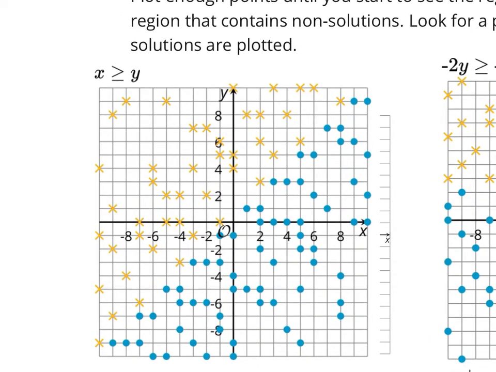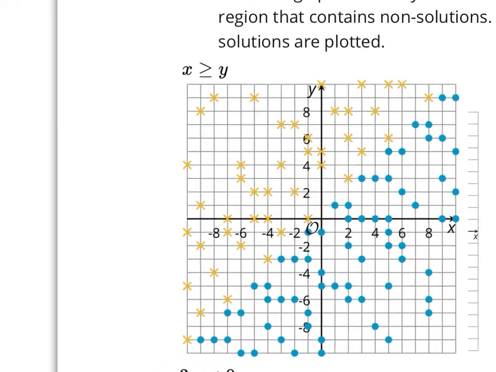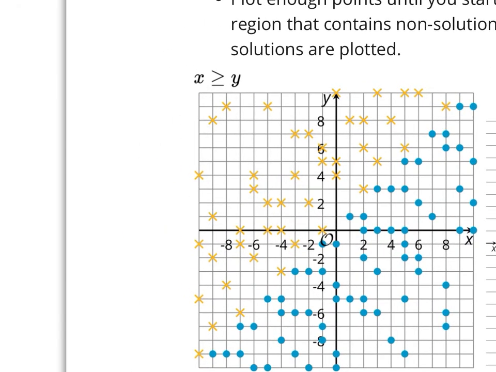So if we were to write this as an equation, x equals y, we would say that the solutions are all the coordinate pairs where x and y are equal. And we can graph that line as it goes through (-1, -1), (0, 0), (1, 1), and (2, 2). So let me go ahead and graph that line.